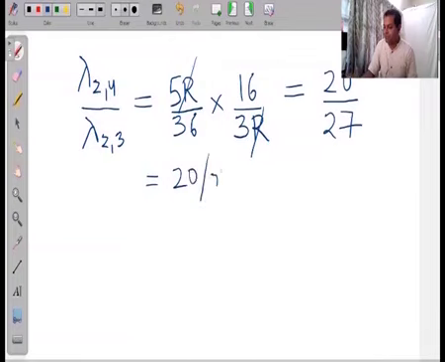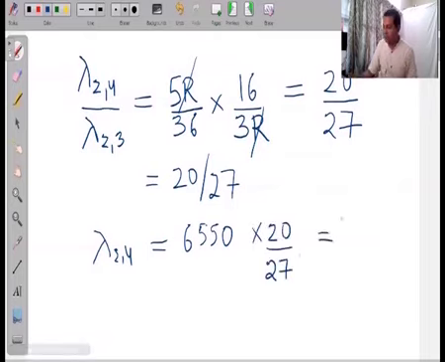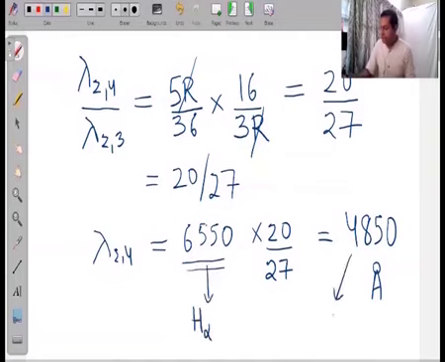And from this, lambda 2,4 is 6550 times 20 upon 27, and that is equal to 4850 angstroms. So that completes the first problem. And this line, of course, is called the H alpha line, and this is the H beta line.